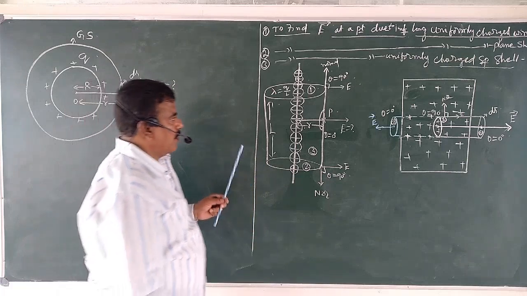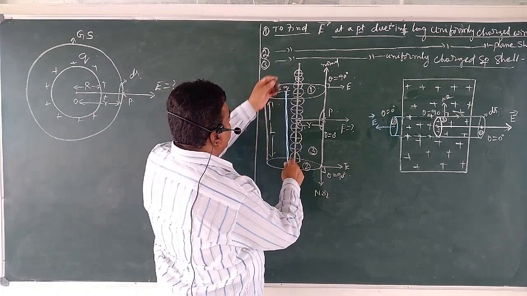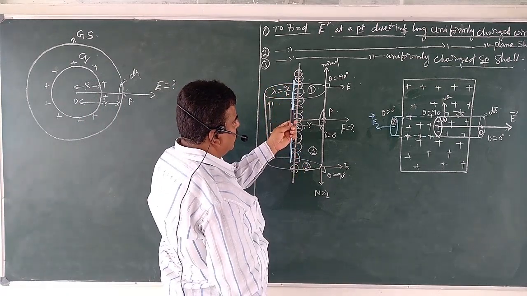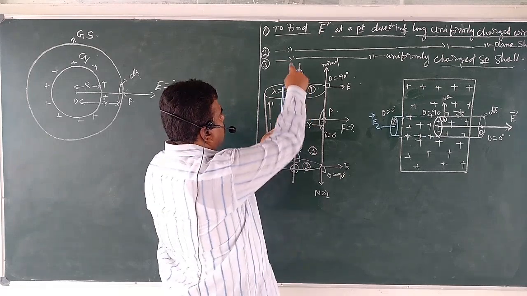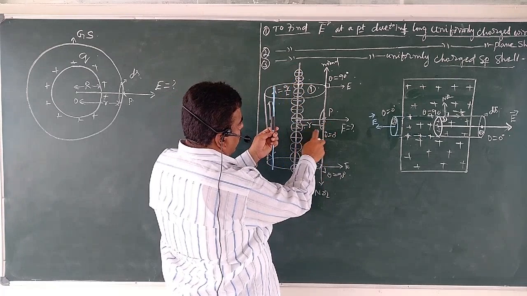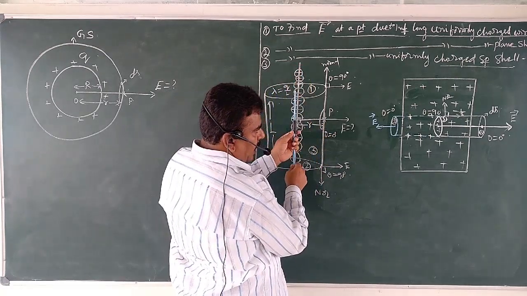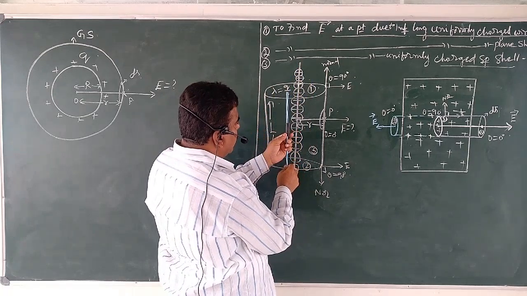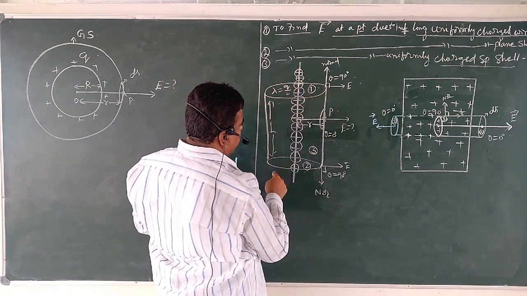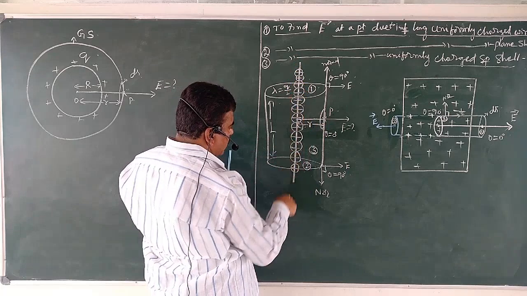A closed surface. Now, assume a Gaussian cylinder around this wire, passing through P and of radius r, with the wire as the axis of the cylinder.